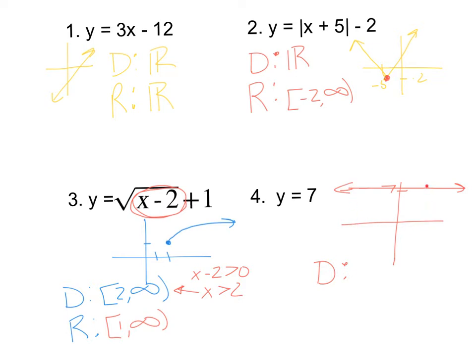If I'm here, I'm up there. Over here, I can always plug, even though there's no x to plug in, it's still all real numbers. What's the range? What is the only y value we can get out of that? No matter what we plug in, we always just get 7. And we're done.